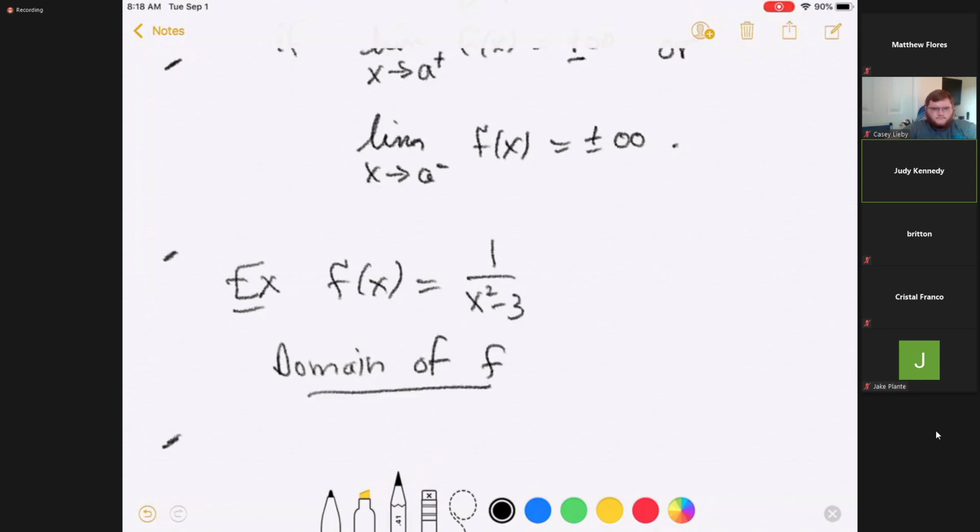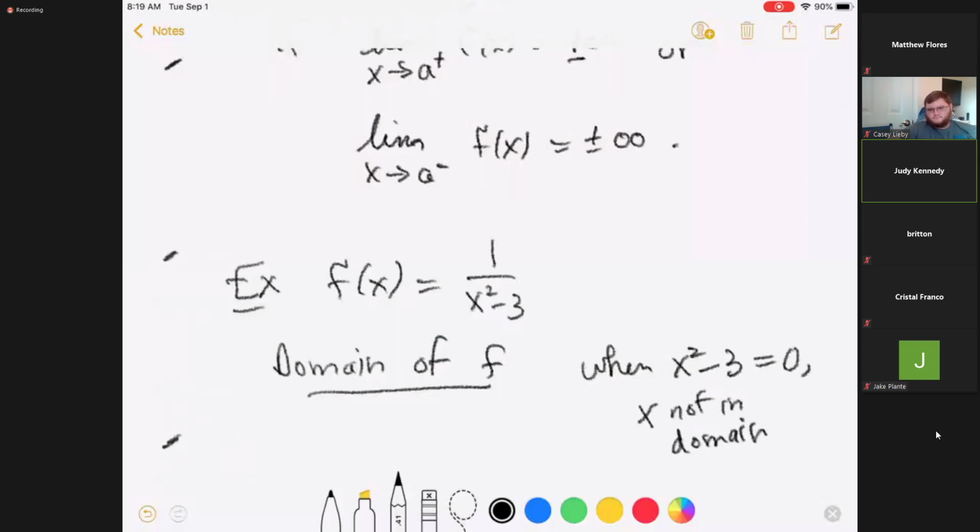Can somebody tell me? It will be every number or all real numbers except the one that when multiplied by itself would result in a positive 3. Yes. That's a very good answer. Very precise. Okay, you don't want x squared minus 3 to be equal to 0. That x is not in the domain.